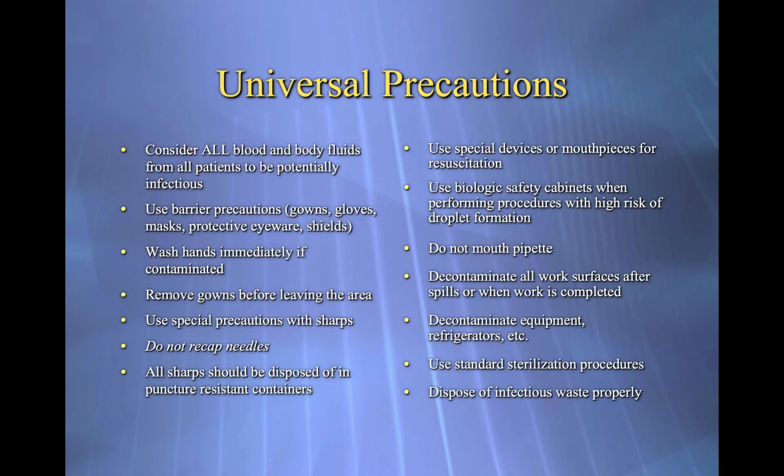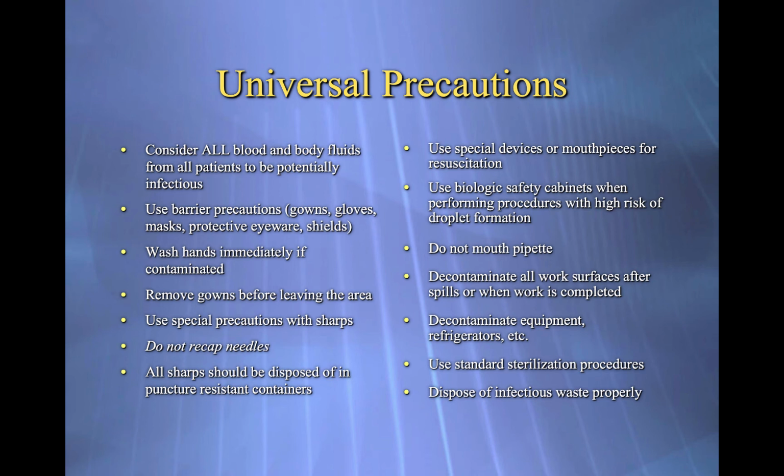So OSHA established universal precautions, and you can read through these. They're pretty much standard in every institution. All blood and body fluids are to be treated as infectious. You use barrier precautions. You wash hands immediately if contaminated. You remove gowns before leaving the lab. Use special precautions with any sharps. You do not recap needles. We're going to hear that numerous times.